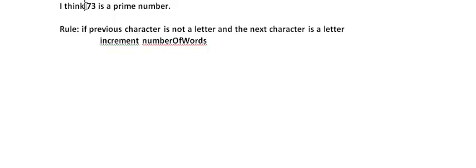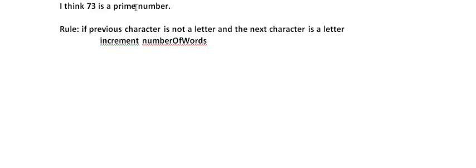What happens when we are on 7? Here the previous character is a space, so it is not a letter, so that part is actually satisfied. But the next character is not a letter, so we will not be incrementing number of words here as well. What about the end of this sentence?